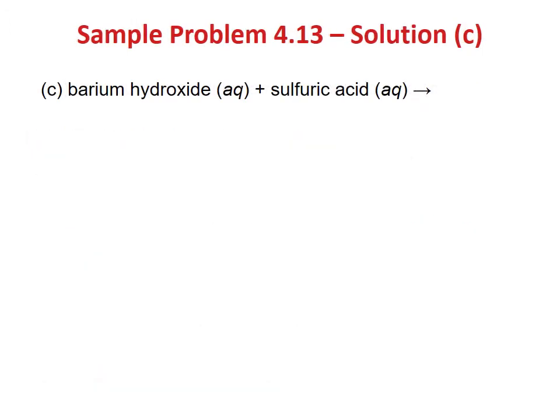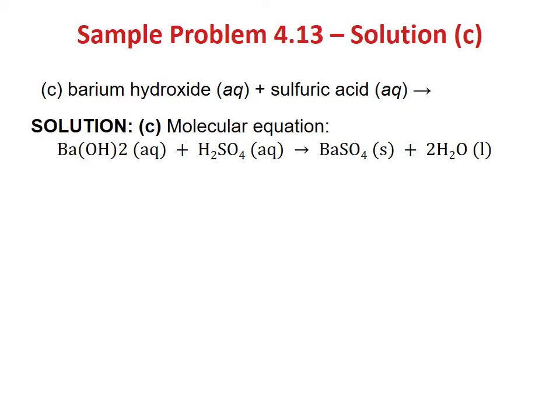In C, barium hydroxide and sulfuric acid. So similarly, we write barium hydroxide plus sulfuric acid forms water and the salt, in this case barium sulfate. Now here is the difference. This is a strong base, this is a strong acid, so they all dissociate into ions.